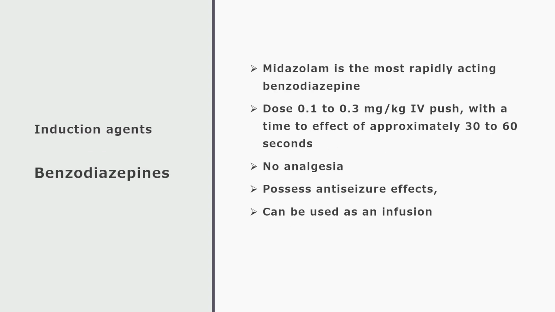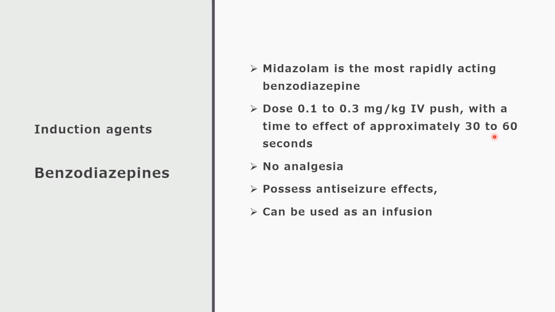Midazolam is the most rapidly acting benzodiazepine commonly used for rapid sequence intubation amongst the benzodiazepine group of drugs. The induction dose of midazolam is 0.1 to 0.3 mg per kg IV push with a time to effect of approximately 30 to 60 seconds and a duration of action of 15 to 30 minutes.